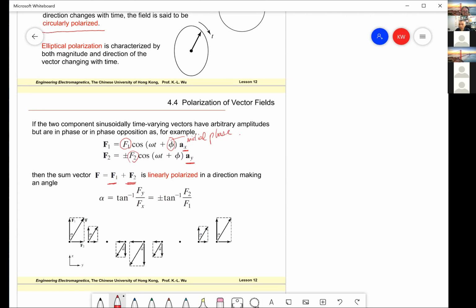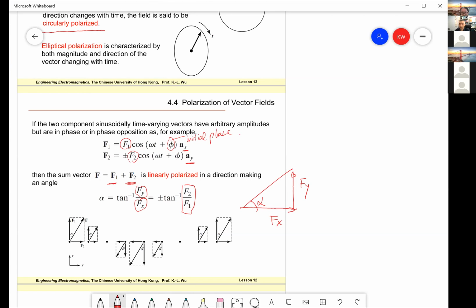The Y component over the X component gives the angle, so the arctangent of this angle equals F2 over F1. Because this is completely in phase, cosine x divided by cosine x equals 1.